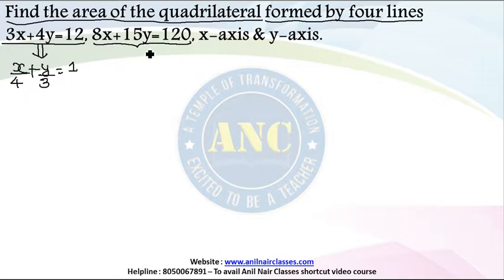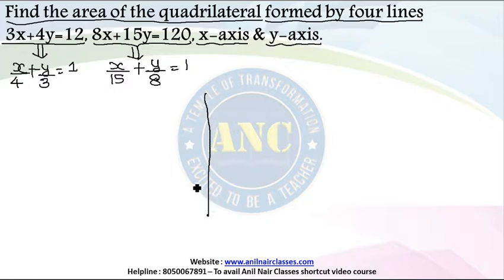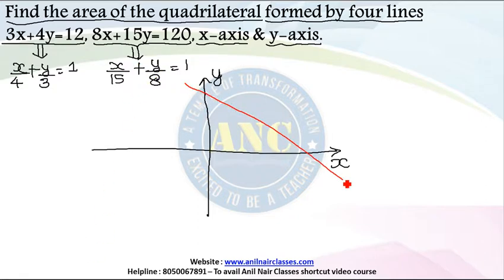8x plus 15y is equal to 120. This is x by 15 plus y by 8 is equal to 1. The third line is the x-axis and the fourth line is the y-axis. Let me draw the coordinate axis right now for you people. This is the coordinate axis. If I draw this coordinate axis, positive y-axis, positive x-axis, can I say that one of the lines is x by 15 plus y by 8 is equal to 1.